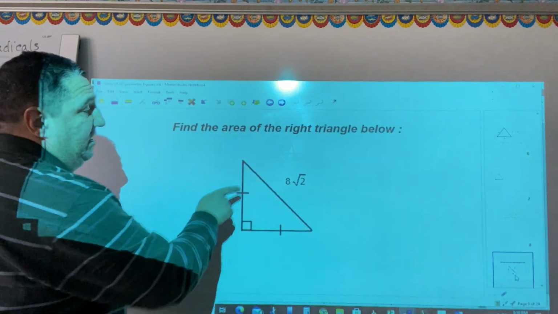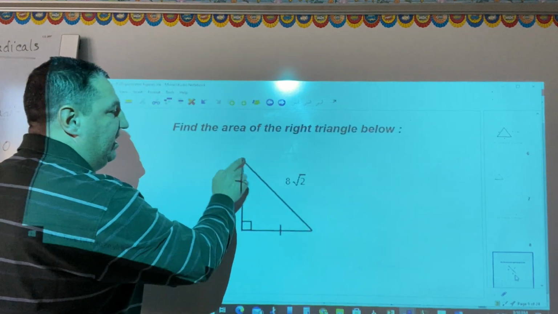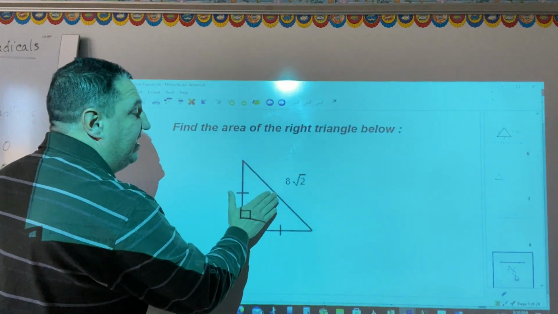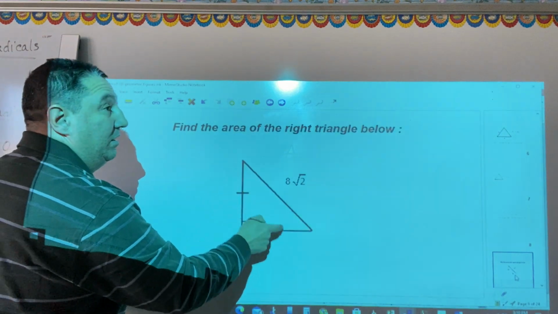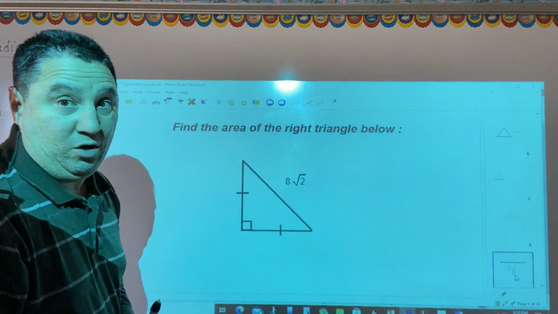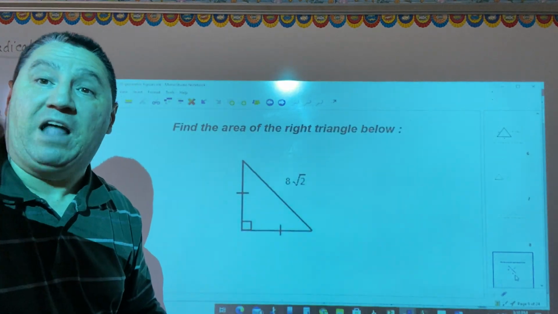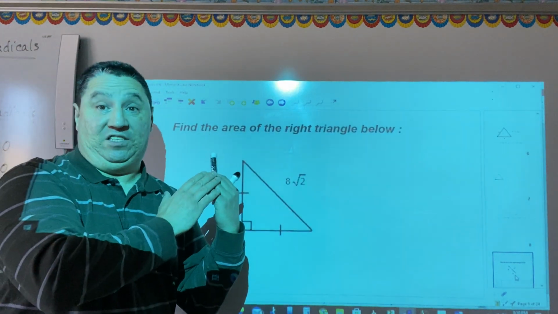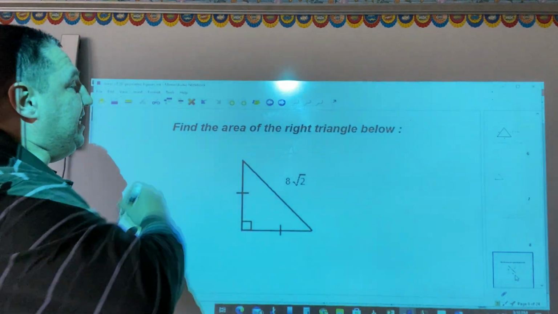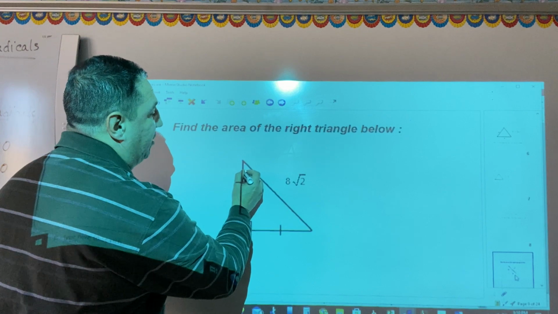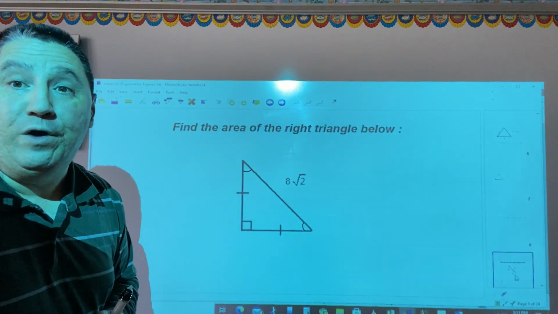In this case, as you can see, the hypotenuse of this right triangle is given. The legs are congruent, which means this right triangle is at the same time an isosceles triangle. Because it's an isosceles triangle, this triangle has two angles congruent.